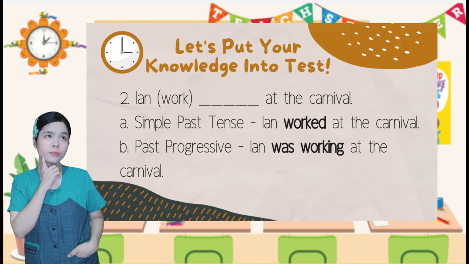And then the next one is past progressive: Ian was working at the carnival, wherein since Ian is a singular subject, we use the past tense of the be verb is, wherein was, and then plus the ing form of the verb.